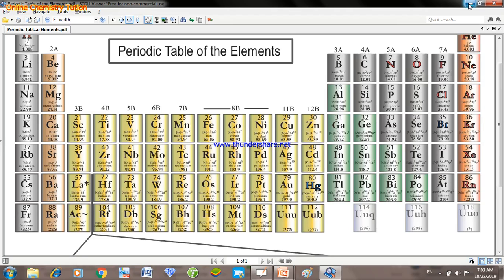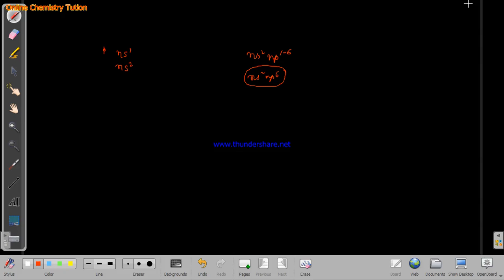Now we'll see something here. At first we check a period, the third period: sodium, magnesium, aluminium, silicon, phosphorus, sulfur, chlorine, argon.